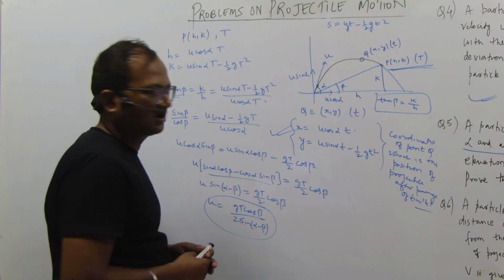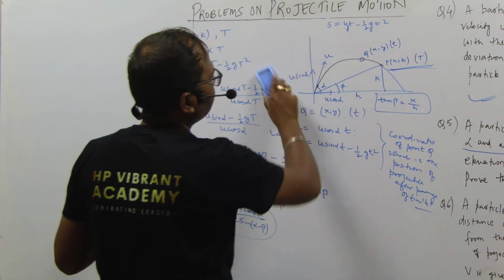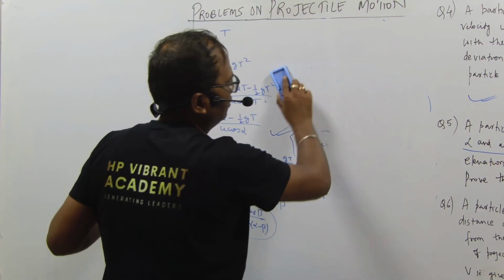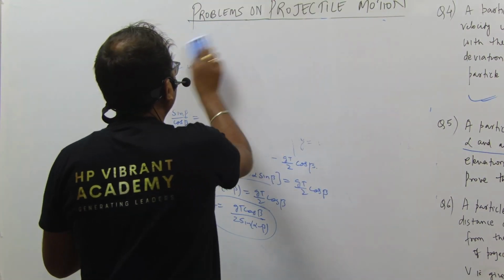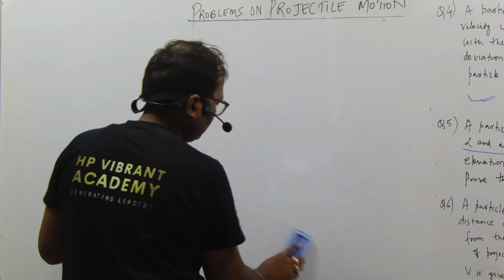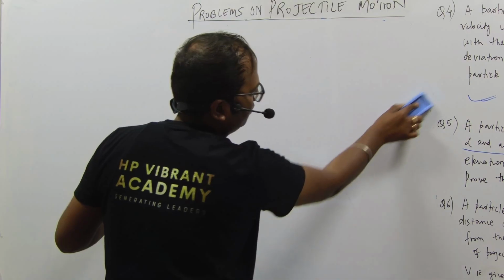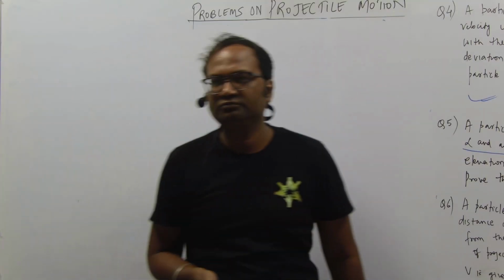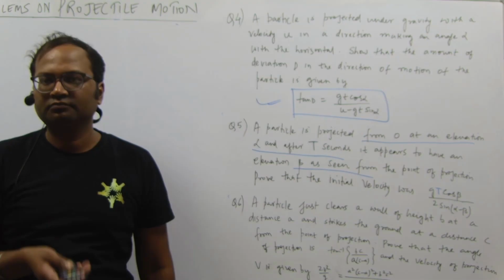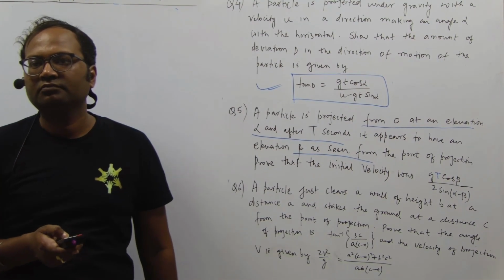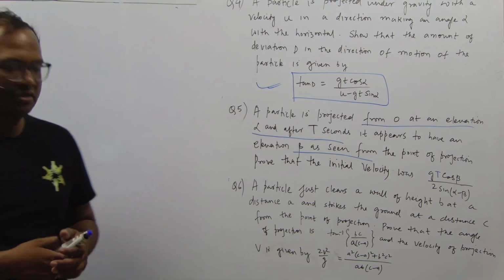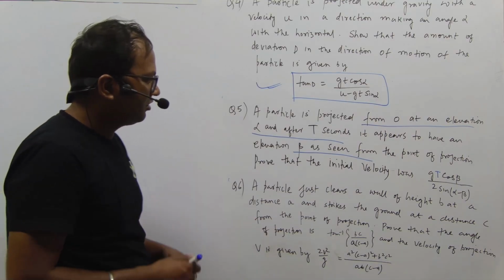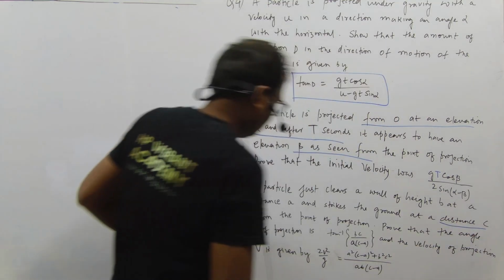Let us discuss question number 6. What is given in question number 6 is that a particle just clears a wall of height b at a distance a and strikes the ground at a distance c from the point of projection.